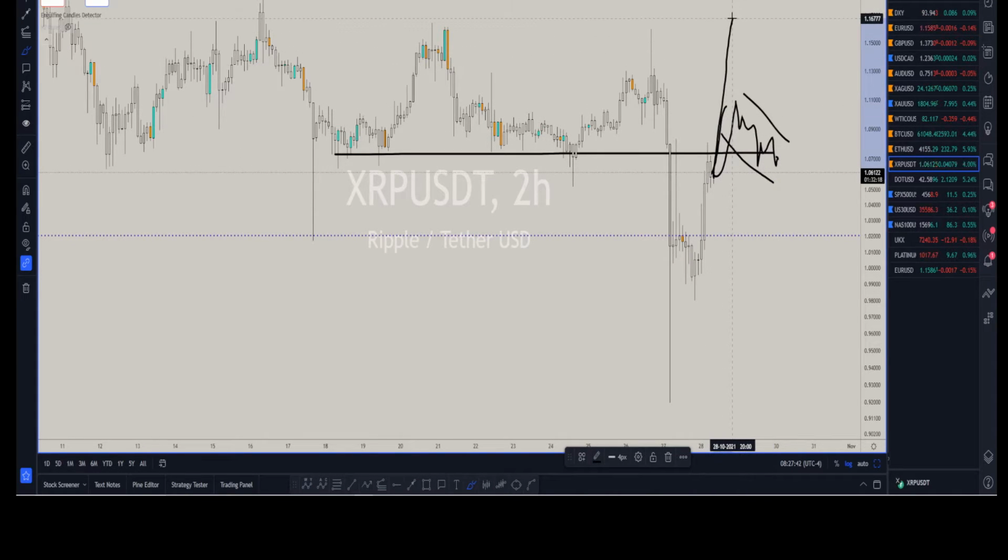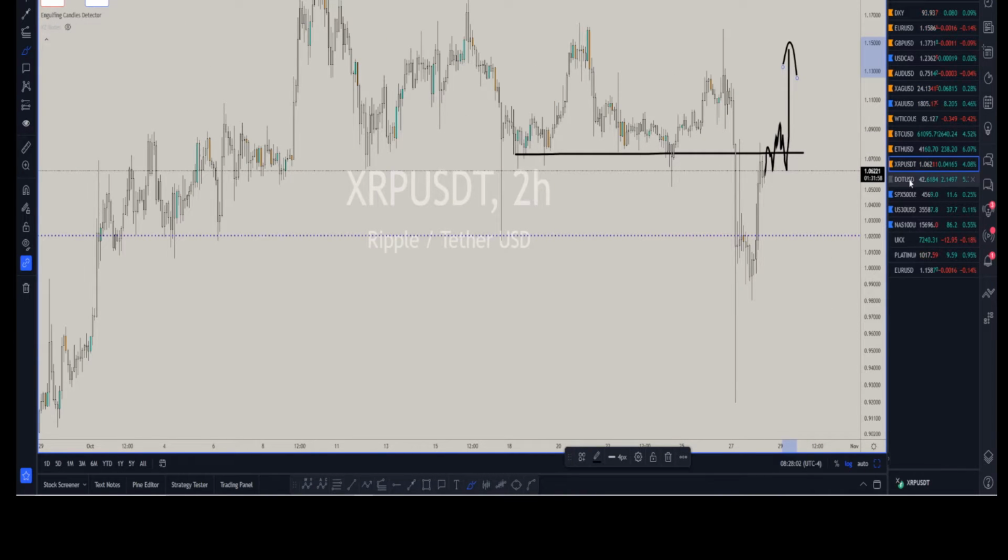Or if we have something that's massive on the pullback, same thing like these ones on the pullback, would take a long. But if it's going up steadily, I would definitely look for more structure to form to take a buy if it goes inside the box.